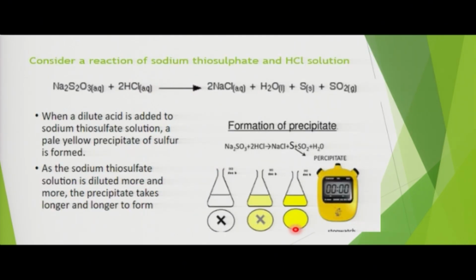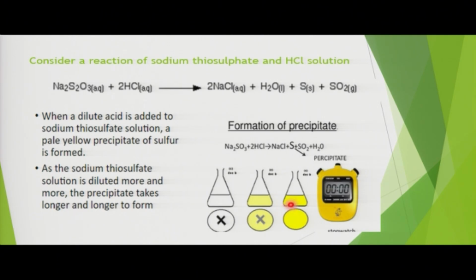Another case is the formation of a yellow precipitate, which is sulfur, when you react sodium thiosulfate and HCl. They form sulfur, which is yellow. So when you reduce the concentration of thiosulfate, it takes longer for this X to disappear.